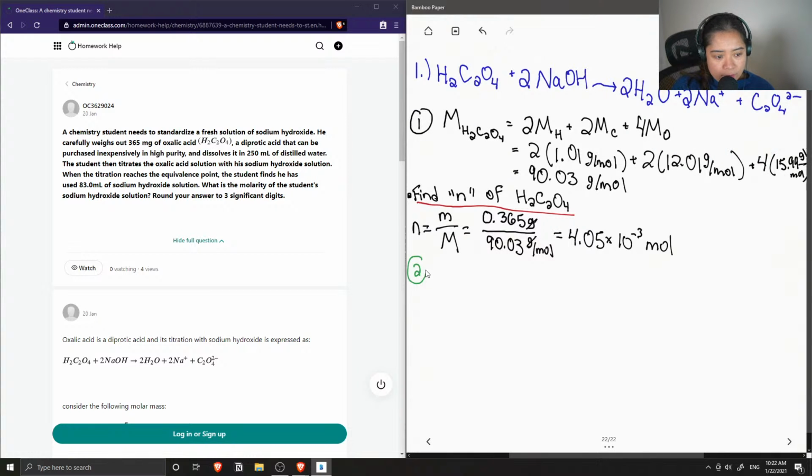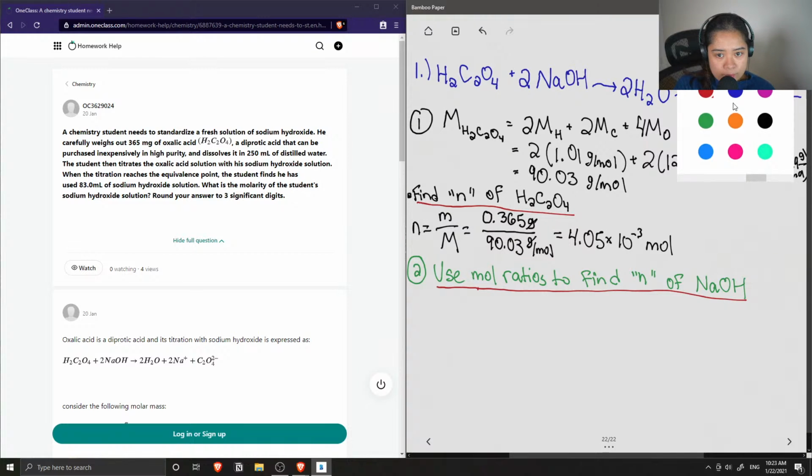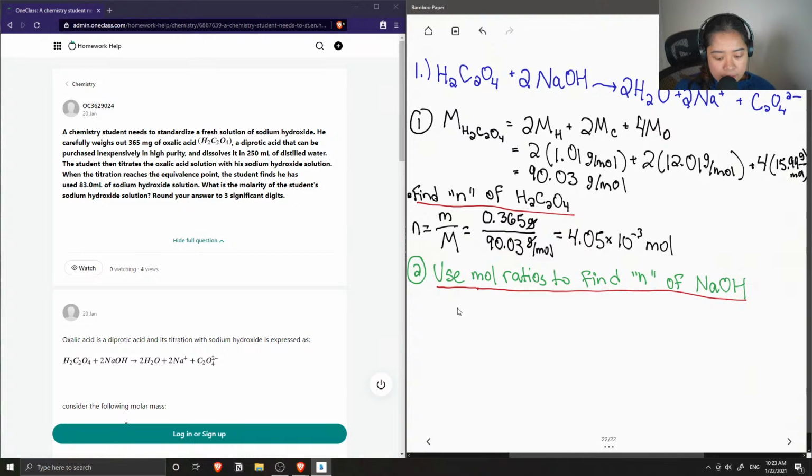Okay, so step 2 is to use mole ratios to find the number of moles of NaOH. So we know that our moles of oxalic acid was 4.05 times 10 to the negative 3 moles.